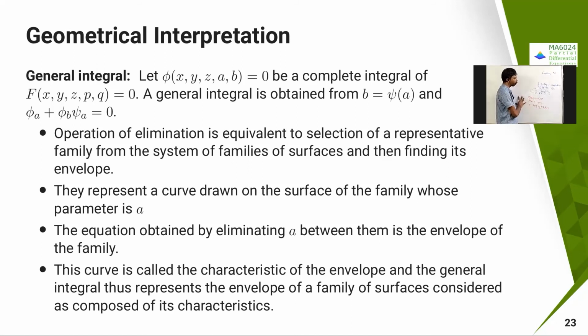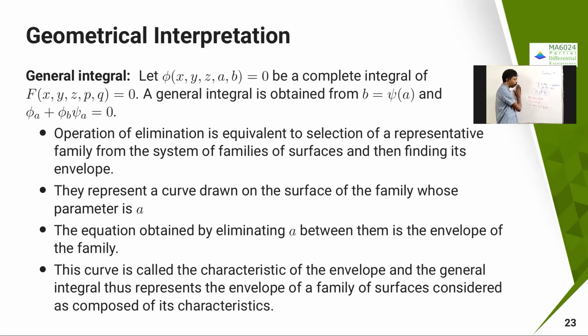So the operation of elimination, which you did already in the exercise, where you have eliminated this phi_z etc., is going to represent a family of the system. By eliminating this one, I'm not going to solve for this one; I'm just going to calculate the family of the envelope.